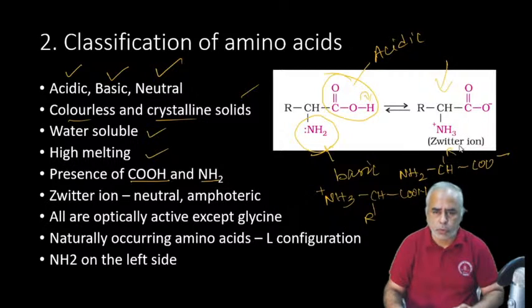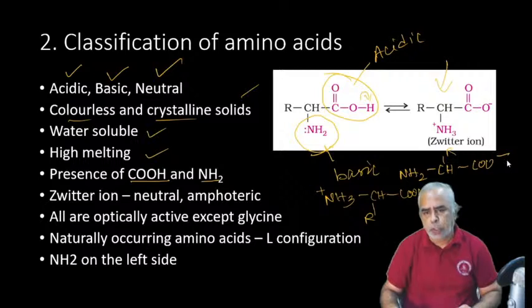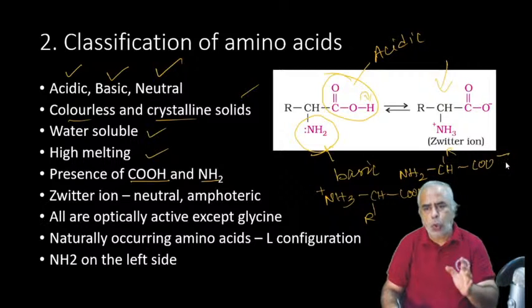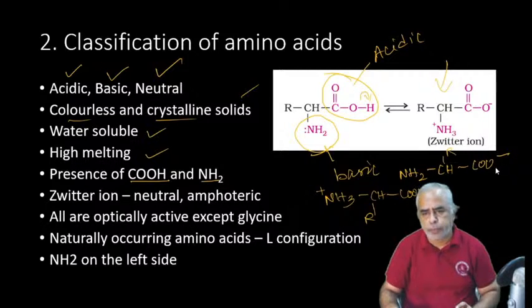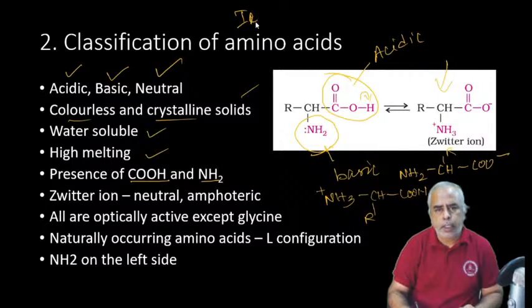It will not move. Why? It has got both positive and negative. So there is no current because of the formation of this Zwitter ion, and that point is called isoelectric point.